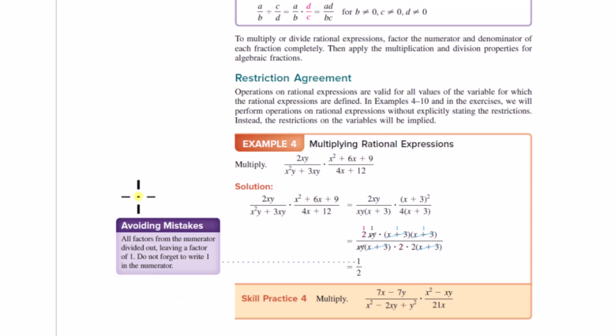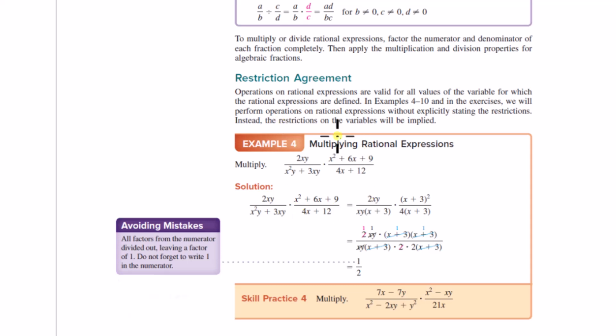What they're talking about here is, if we want to do this multiplication, it's like we started off given this expression. It's like we came up with some algebraic model for something in real life, and we got this.